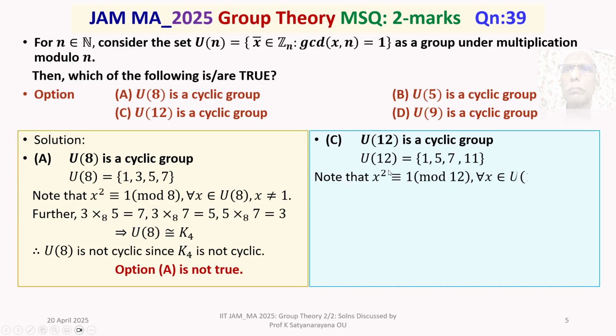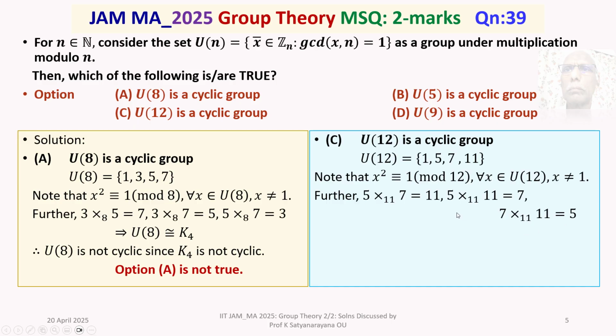So note that x square is congruent to 1 mod 12 for all x belongs to U of 12. Further, 5 into 7 is 11, 5 into 11 is 7, 7 into 11 is 5, modulo 12.